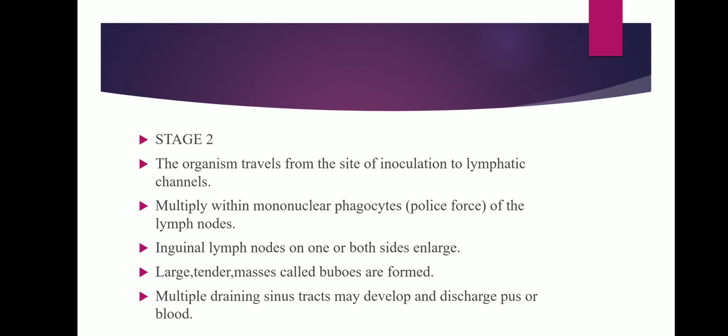They appear as large, tender masses called buboes. After inflammation of the lymph nodes, the organism starts to multiply in the sinus tract, and pus and blood start to discharge. This is stage 2 of lymphogranuloma venereum infection.